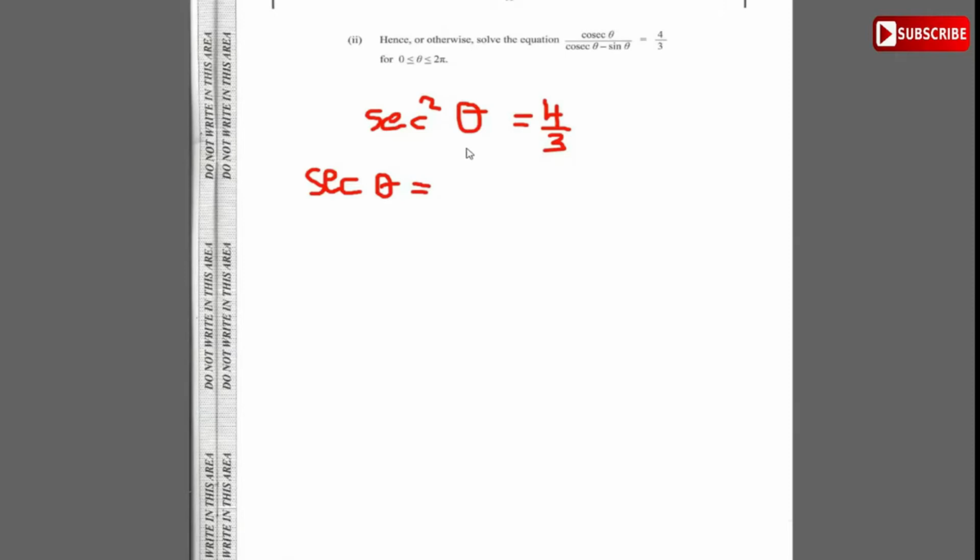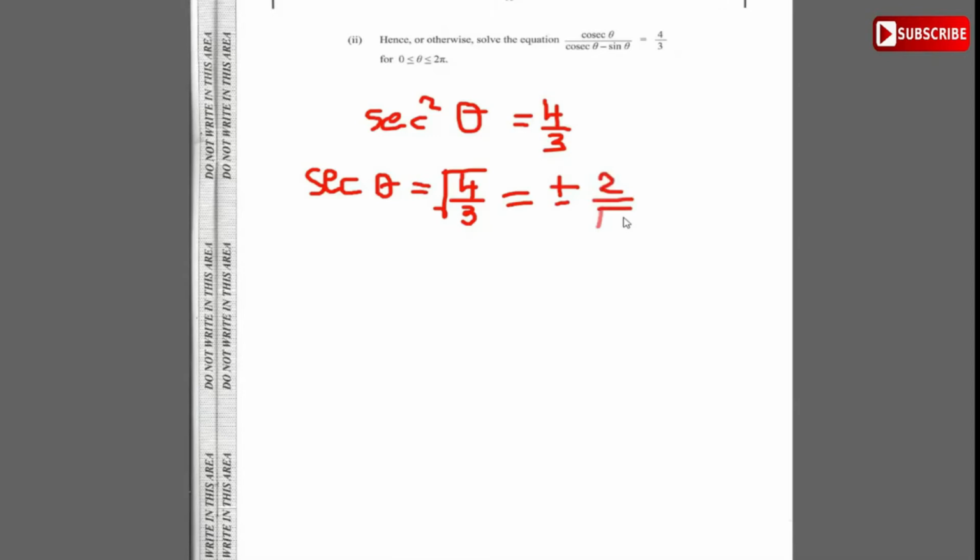So we get sec theta is the square root of 4 over 3. And remember, when you square root it, you get plus or minus. So it's going to be plus or minus 2 over root 3.